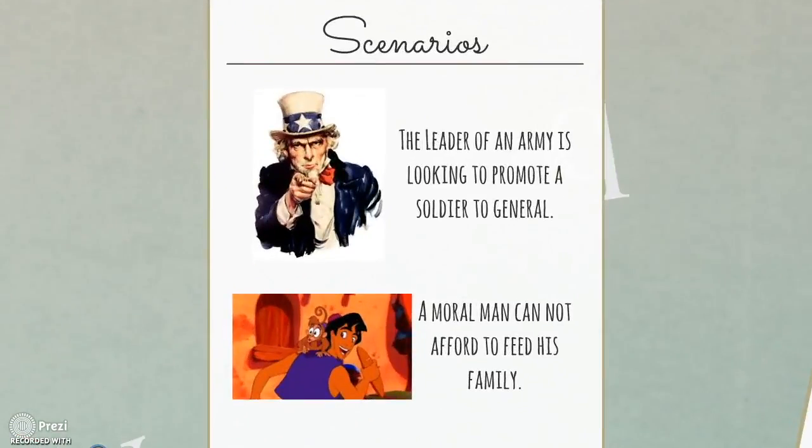Our final scenarios. The leader of an American army is looking to promote a soldier to general. When he surveys the different characters, what aspects do you think he will be looking for? Will how the characters respond to different circumstances determine who he picks as the leader? And will this also affect the plot? Take a moment to think about it.